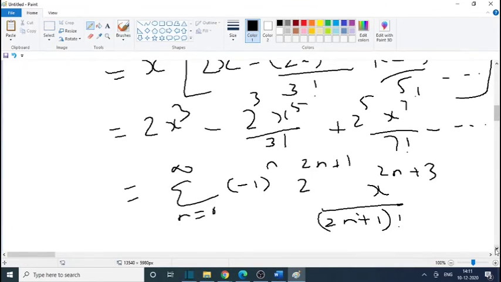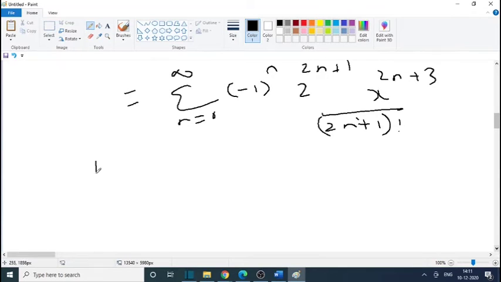And this series is valid for minus infinity to infinity.